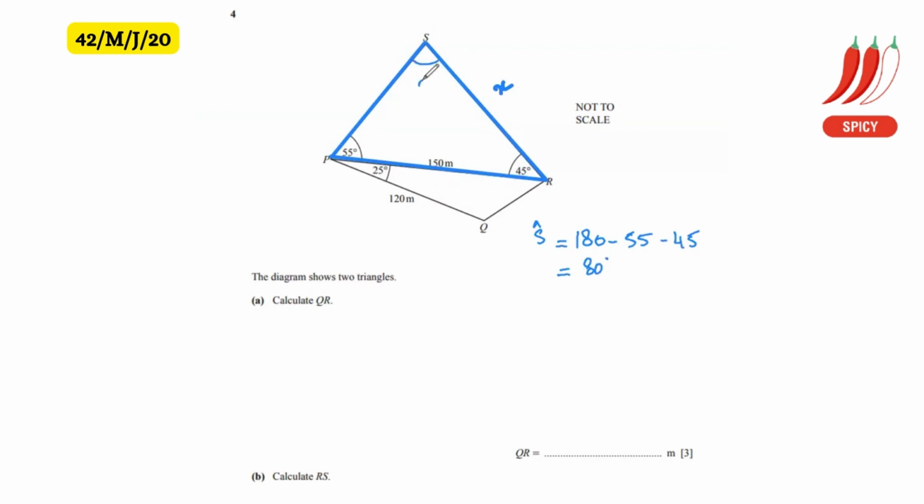So we have angle S, that's 80 degrees. Now if we look at the information for this triangle again, we can see that we have all three angles and we have one length, PR. Now if we look at the angle and the length given, we can see that we have one complete set of angle and its opposite length.